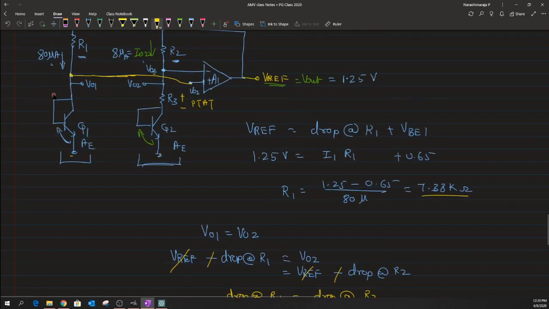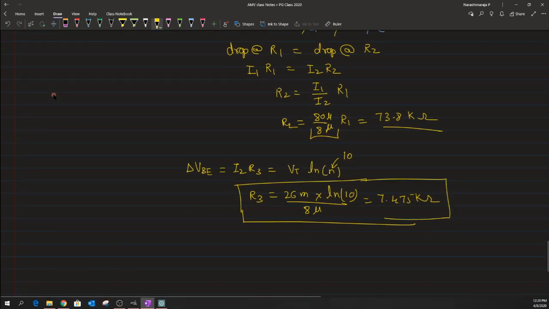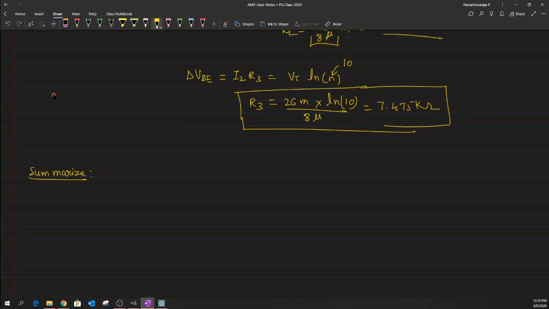Okay, so we just solved a particular problem, and there are a few observations that have been made, so let me just summarize what we have discussed. Whenever we build a BGR using supply independent biasing, the currents I1 and I2 will always be equal.